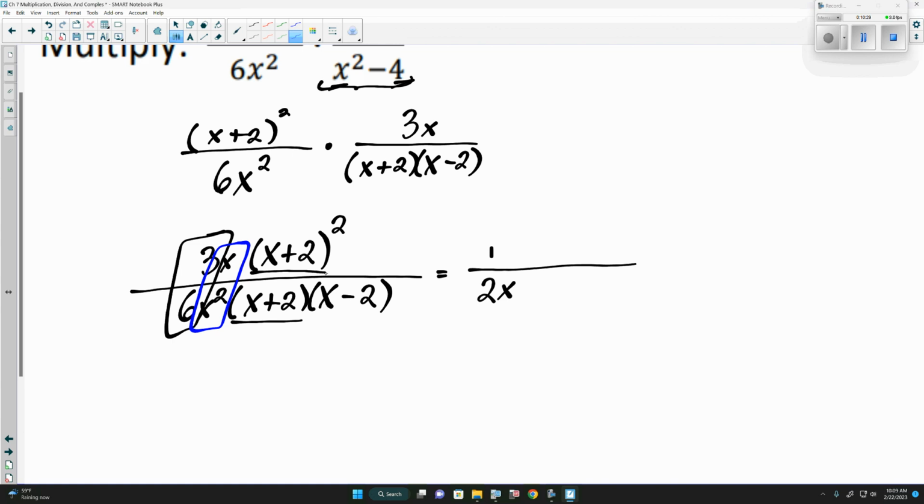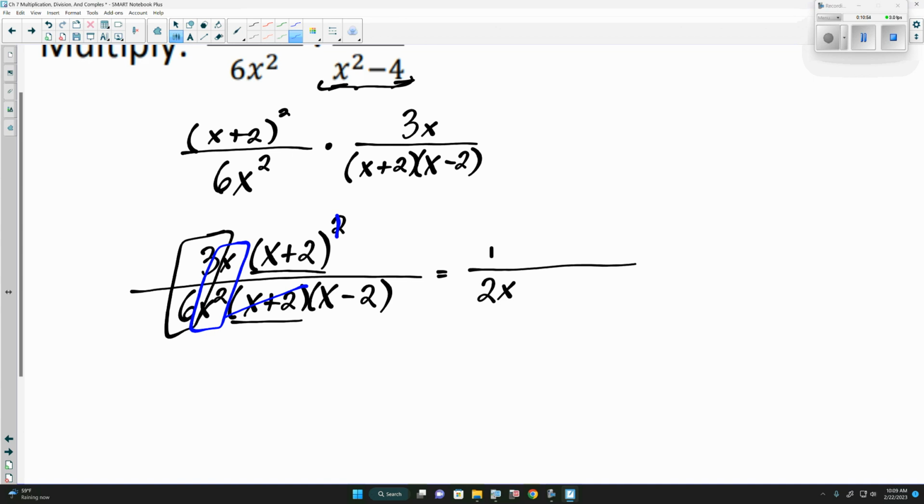Now we do have x plus 2 on top and bottom, yes? Will the x plus 2's cancel out completely on top and bottom? No. Because one of the x plus 2's on bottom will cancel with one of the x plus 2's on top. Normally this is how I would write it, personally. Because I'd cross the one out on bottom and change the exponent from a 2 to a 1.